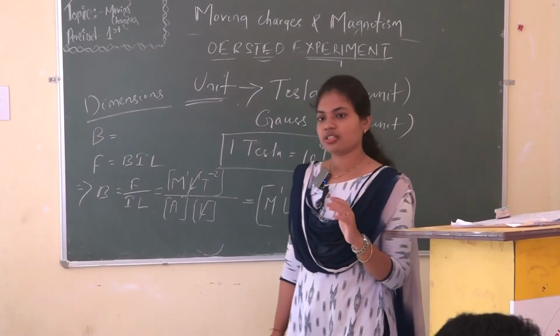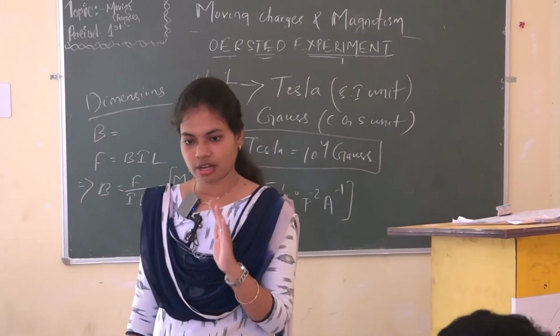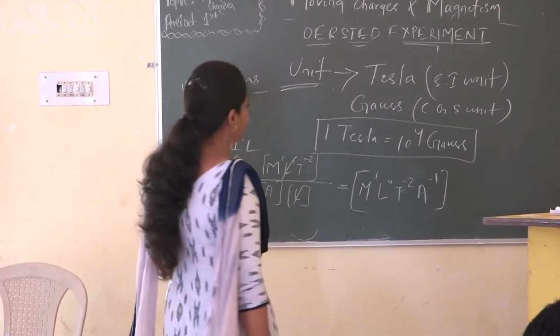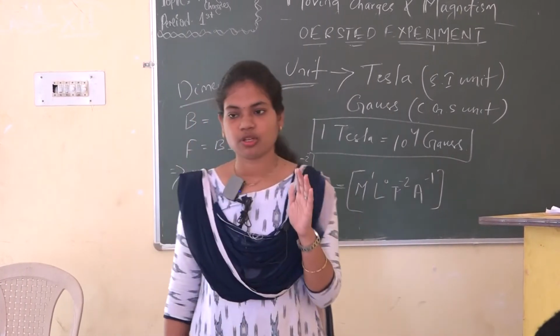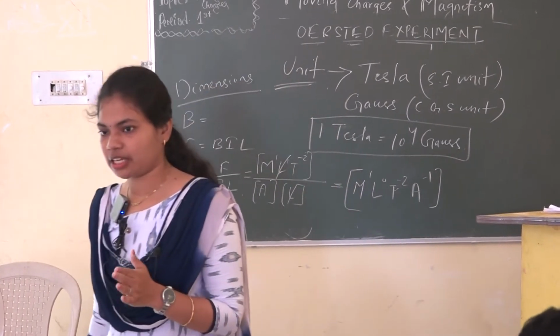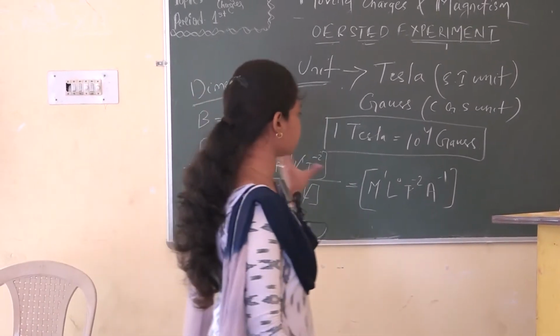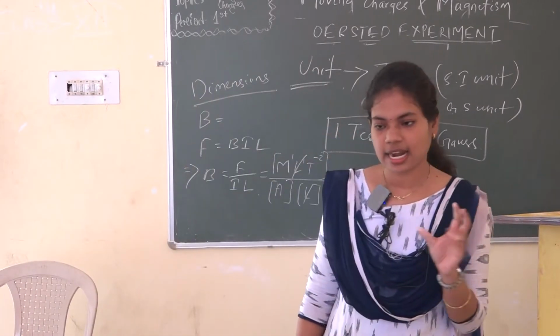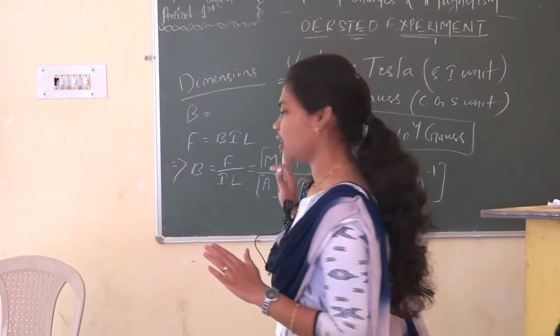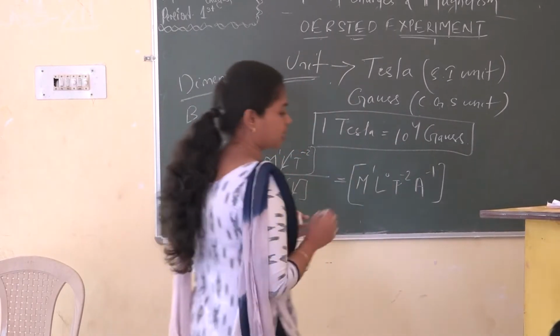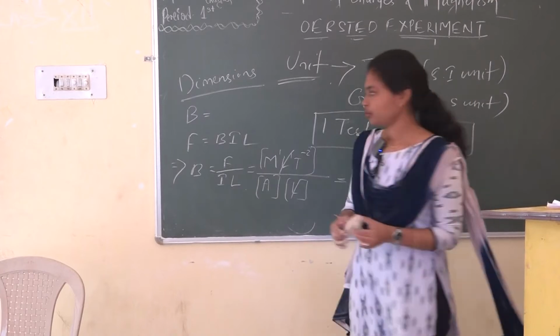Then next we have to study the direction of magnetic field. First of all we know what magnetic field is, then the unit of magnetic field in SI and CGS, then the relationship between Tesla and Gauss, then the dimension of magnetic field. Now we have to know the direction of magnetic field.